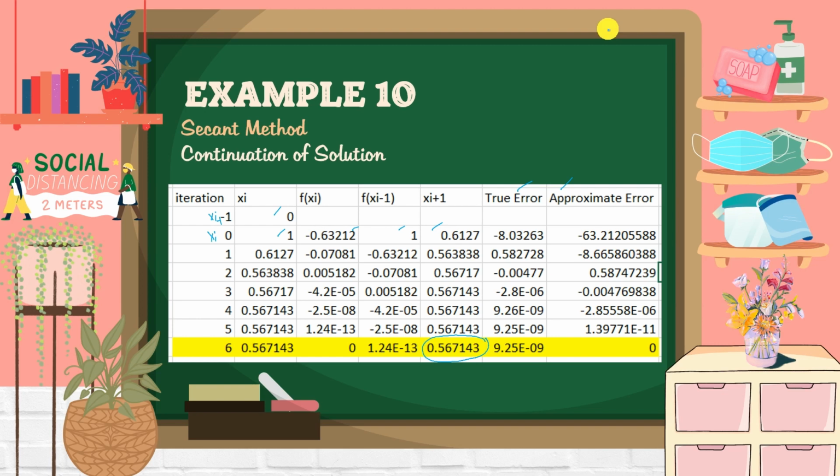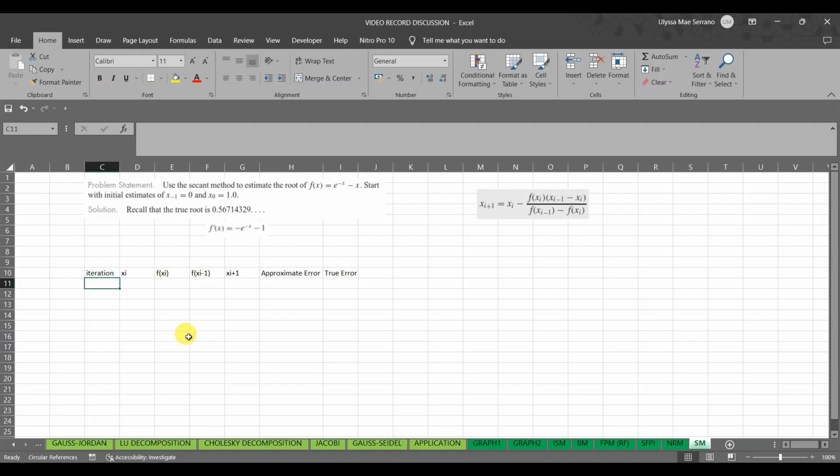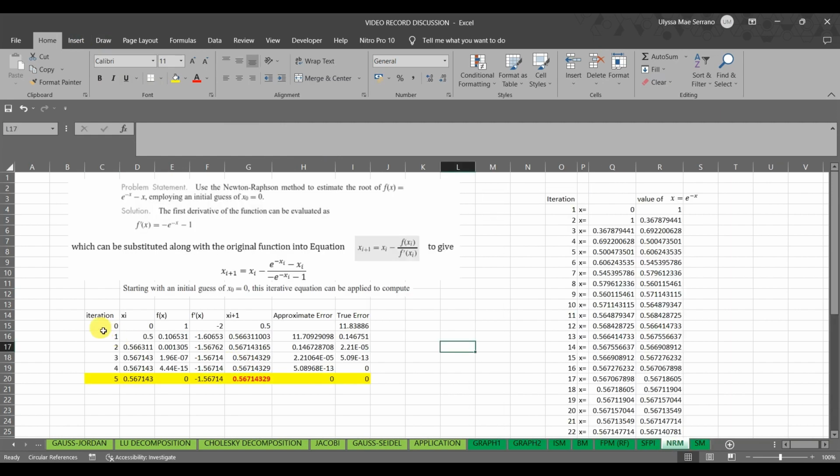So in order to clearly understand how the second method is applied, we're going to use Excel applying the second method. But before I start with the second method, I just want to make a correction on the starting iteration of the Newton-Raphson. Previously, I have shown here that the iteration representation starts at 1.